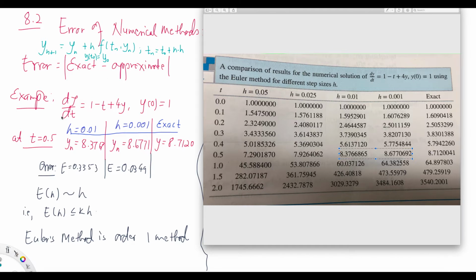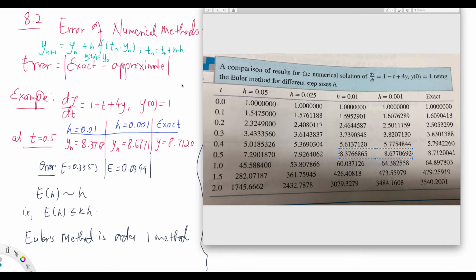So for example, if you are to solve dy/dt equals 1 minus t plus 4y, with y(0) equals 1, this is the initial value problem, and these are the values. If you take h equals 0.05, you find t_0 y_0, t_1 y_1, t_2 y_2, t_3 y_3, and so on, and then you plot the values.